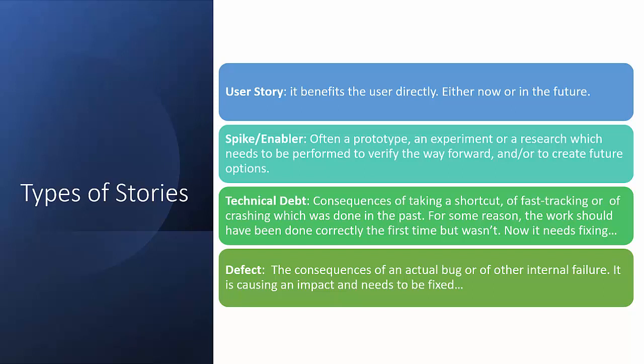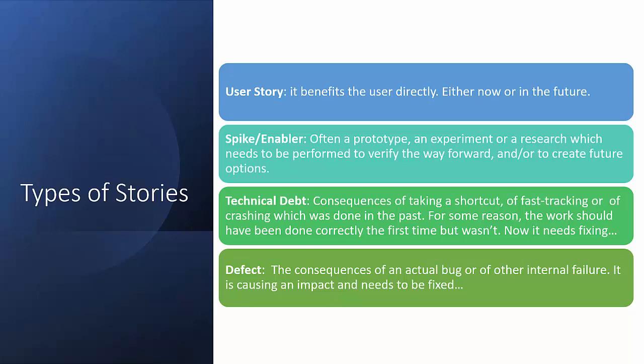These are all stories that may not have a specific user behind them, but there's still work that needs to be done, right? However, the idea is that the big majority of stories that you're working on are user stories, because otherwise the risk is that you drift away from bringing value to the customer.